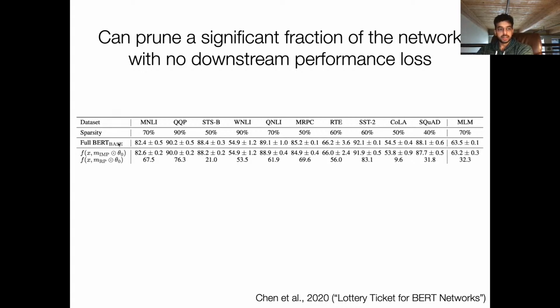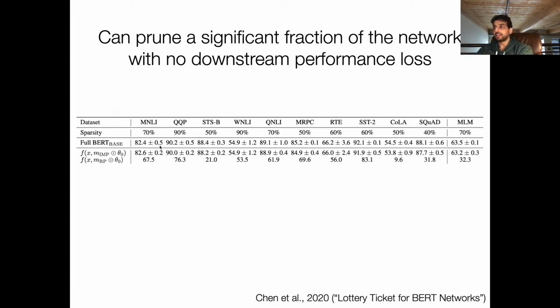So you can see the performance of the BERT base model here is reported in this row, and the performance of their approach, which is just taking this mask and multiplying it with the random initialization and then retraining that model from the original initialization, they are able to almost exactly match the performance of the BERT base model, in some cases with quite a high amount of sparsity. So this is super interesting.